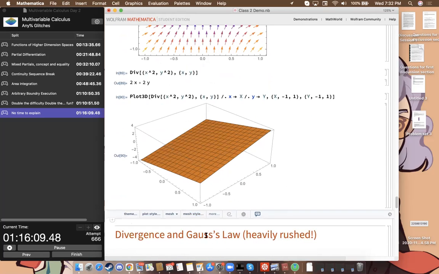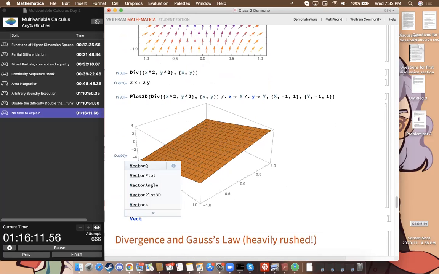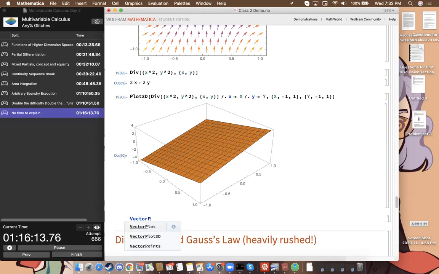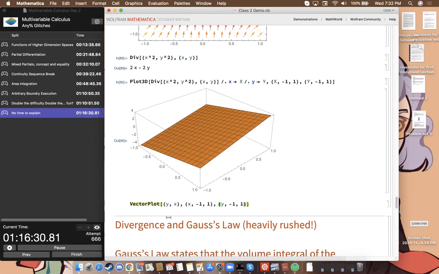There's one other case I want to look at briefly, which is if I do a vector plot of the function y comma x. So here we have the derivative of y with respect to x is 0, and the derivative of x with respect to y is also 0.